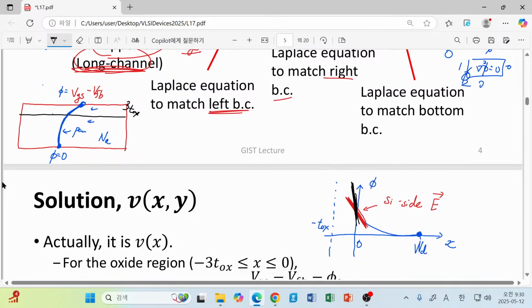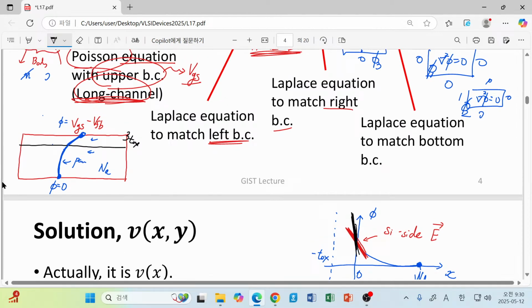However, please have a look at my new drawing shown here. In this case, I intentionally introduce a 3 times thicker oxide layer, and instead we just assume that the slope shown here is continuous.